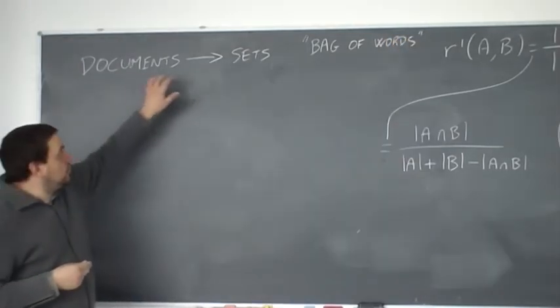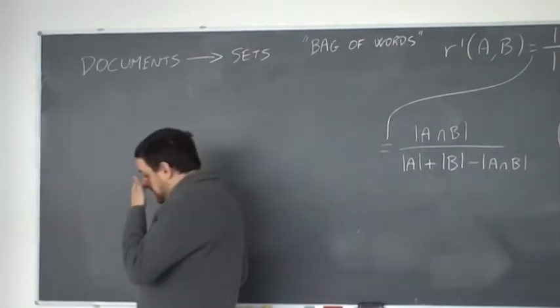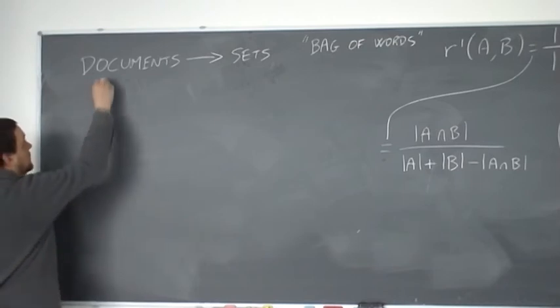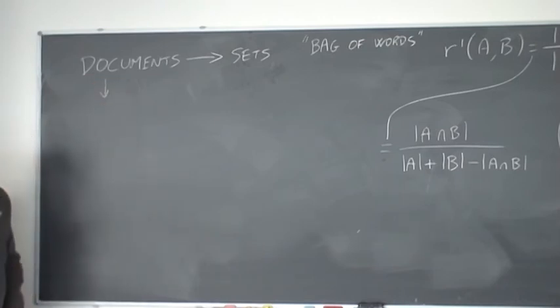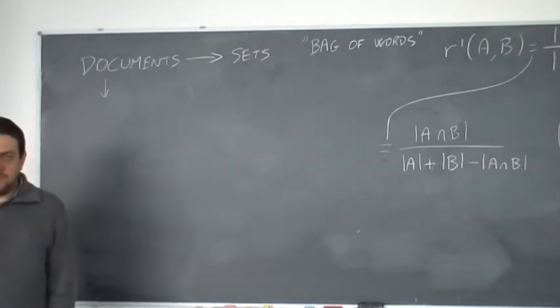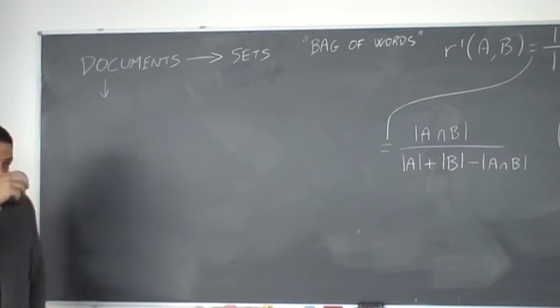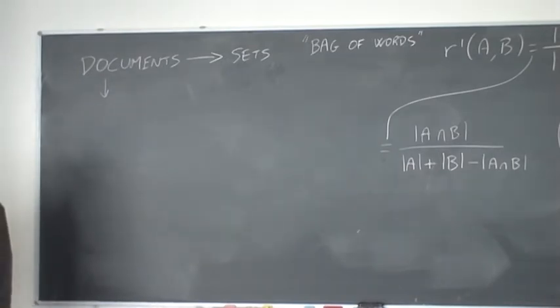How do you convert a document into a set? What are the steps that you need to do, starting from a document? First, you are interested in the printable words of the document. So everything that is not printable, control characters, new lines, HTML tags, if you are working with HTML and so on, can be removed.